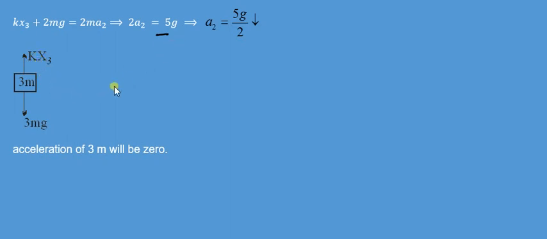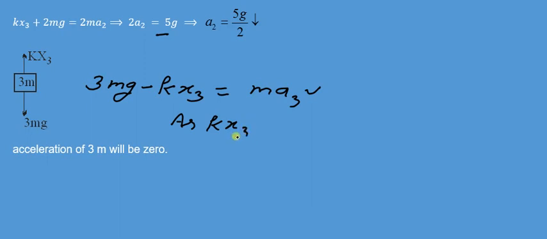So the equation of motion is 3mg minus kx3 is equal to 3ma3. a3 is the acceleration of mass 3m, as kx3 is equal to 3mg.